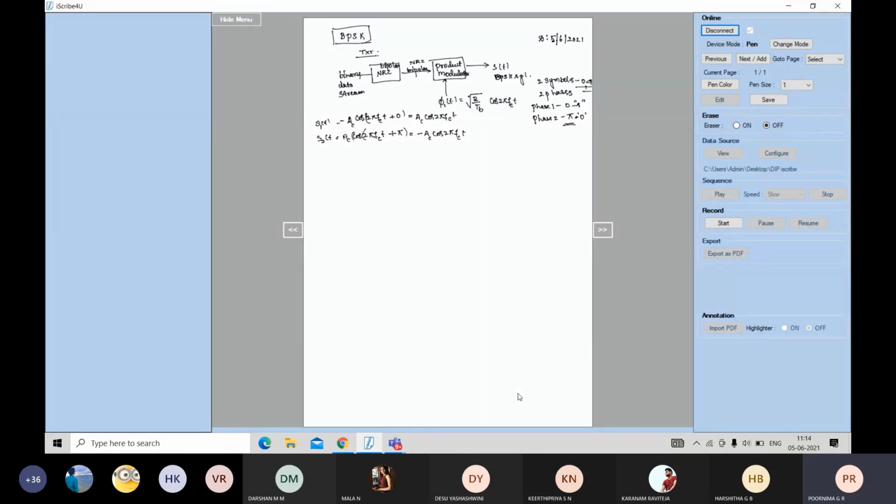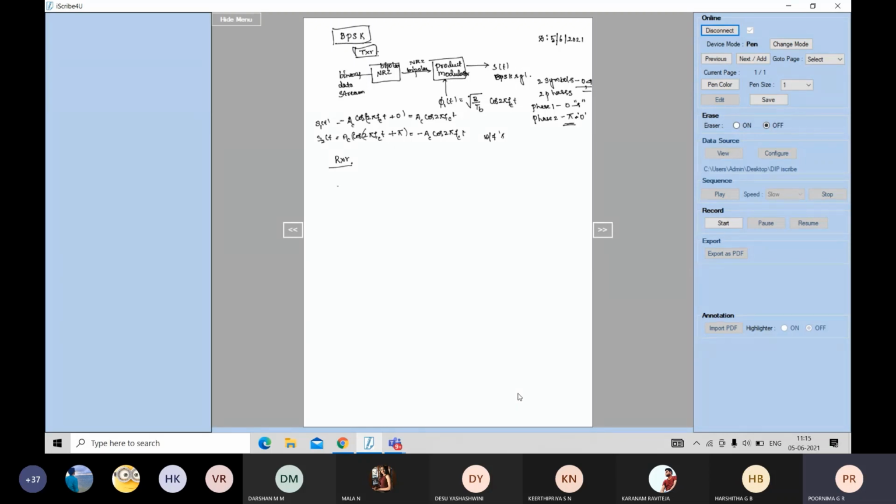So with this, I think in yesterday's class I was discussing till this point, and also I have written the waveforms. Now once the BPSK generation has been done and the signal transmitted, the receiver should detect back symbol 0 and symbol 1.